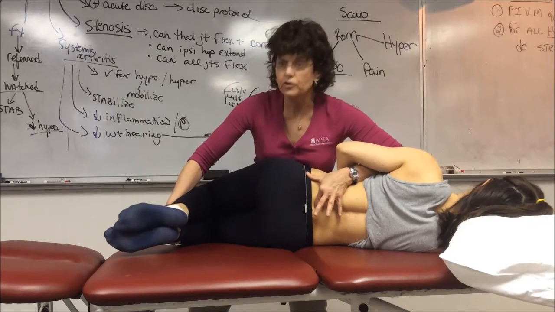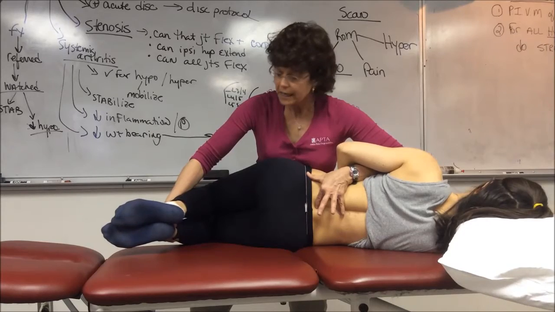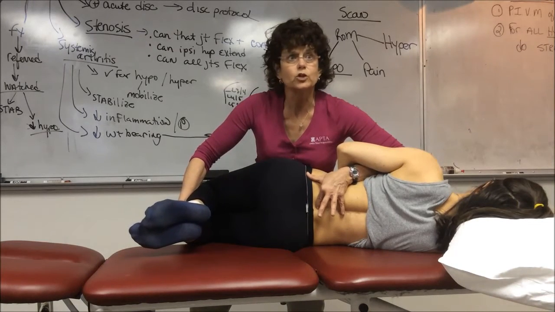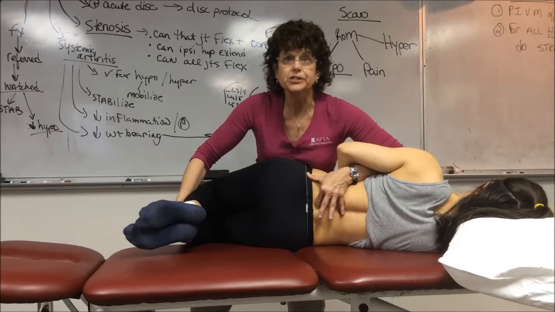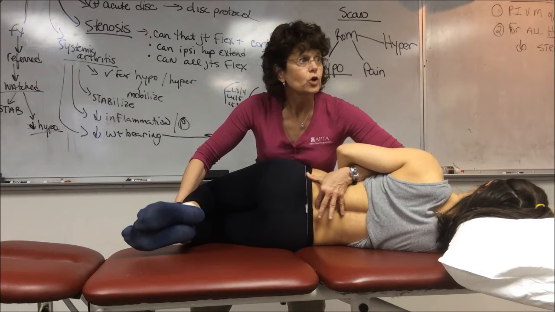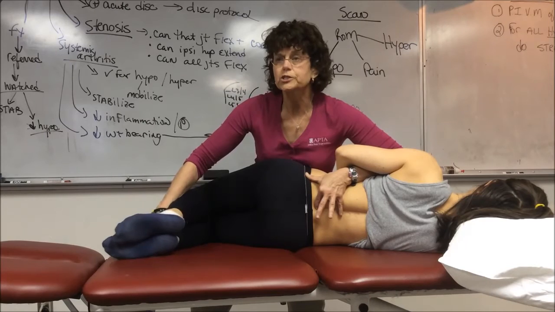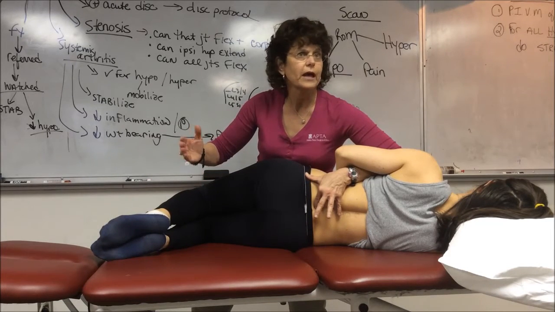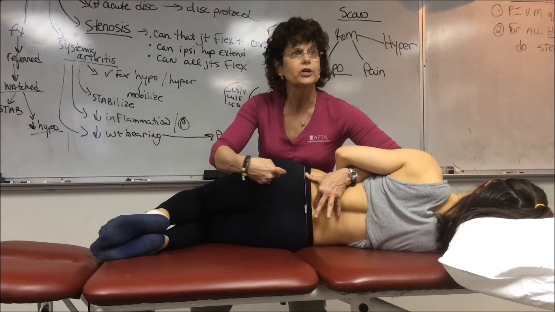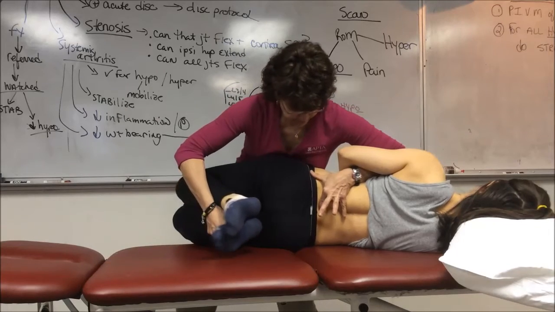I still have her thighs resting on my hip crease the way I did in flexion, but I keep her knees bent towards her bottom because I'm going to take advantage of the fascia of the rectus femoris muscle to help me extend her lumbar spine. So all I need to do is watch the combined movement I do. I'm going to bring her thighs backwards. At the same time, I'm bringing her heels closer towards her bottom so that it looks like this.